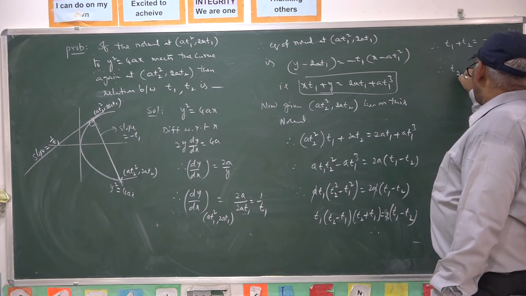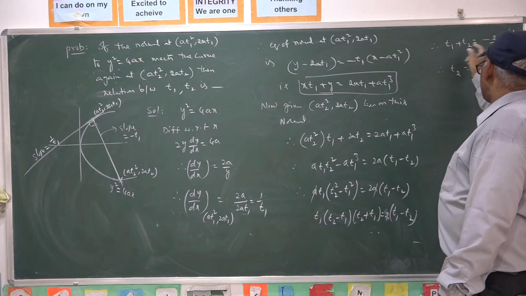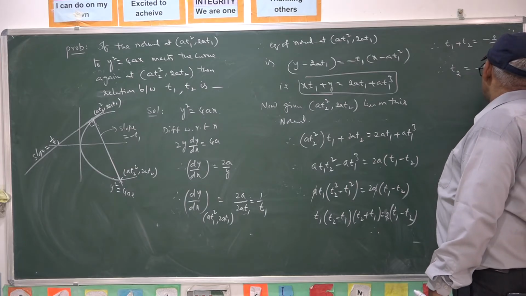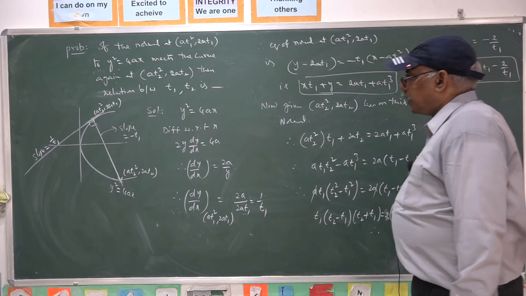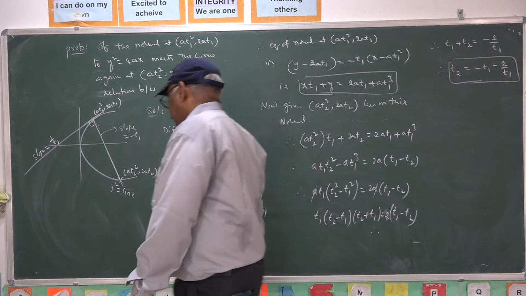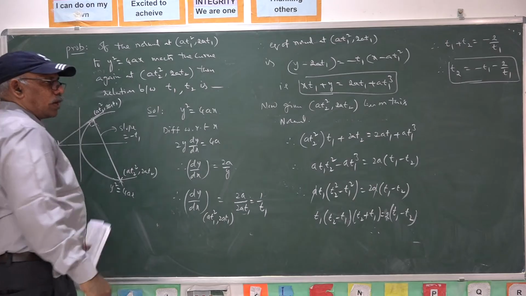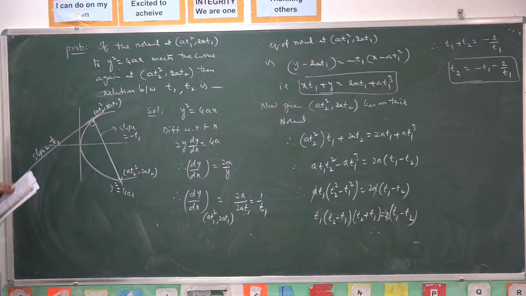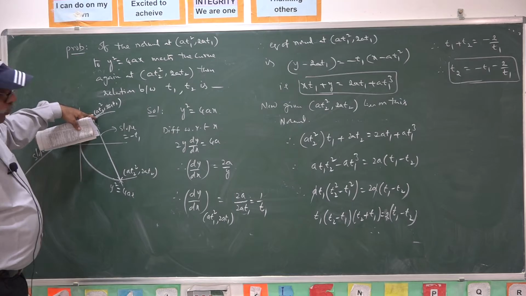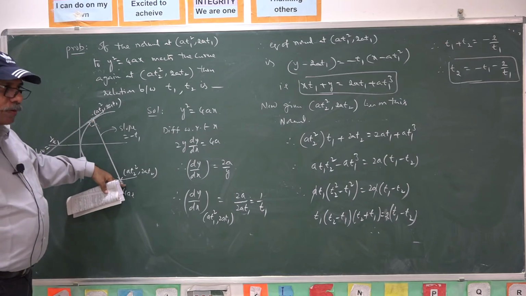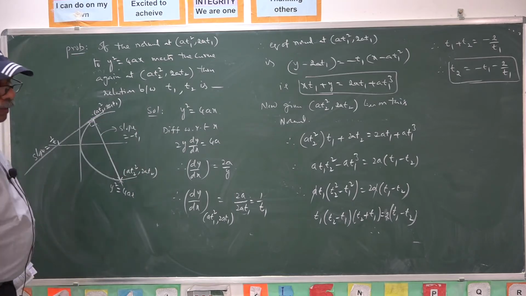So t2 in terms of t1 is minus t1 minus 2 by t1. This is the condition or relation between t1 and t2 once the normal at t1 drawn to the parabola y square equal to 4ax meets the curve again at t2.